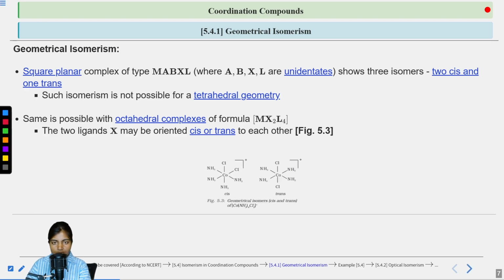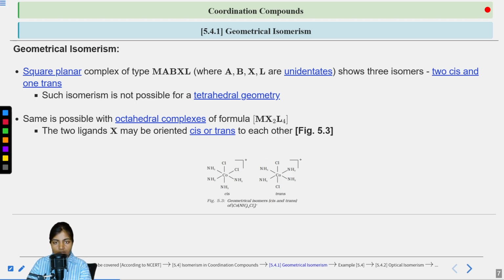This is figure 5.3 showing the geometrical isomers, the cis and trans forms, of the complex [Co(NH3)4Cl2]+. This is an octahedral complex where the central metal cobalt is connected with 4 molecules of amine and 2 molecules of chlorine. Let's say these 2 molecules are the X ligands. If the chlorine ligands are placed adjacent to each other, you obtain the cis form.